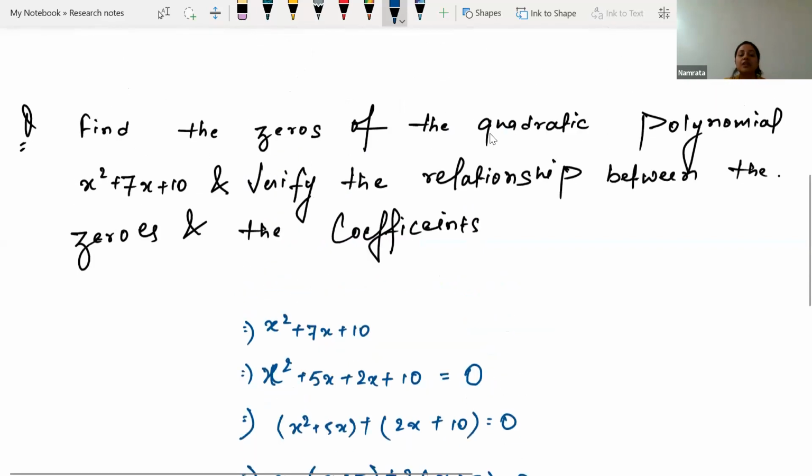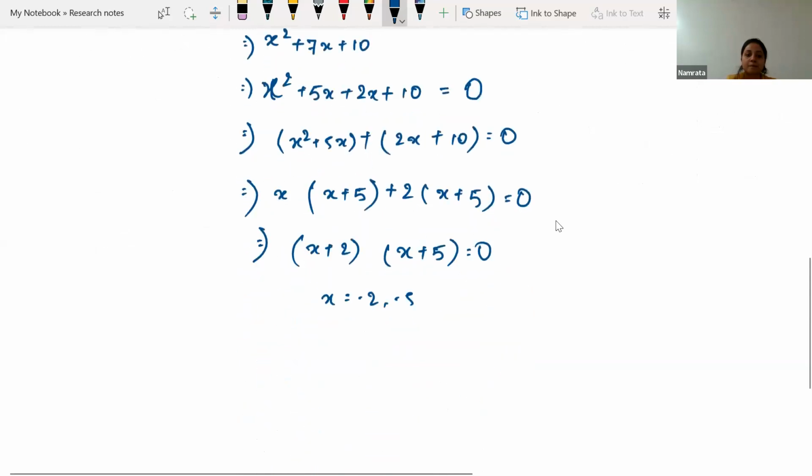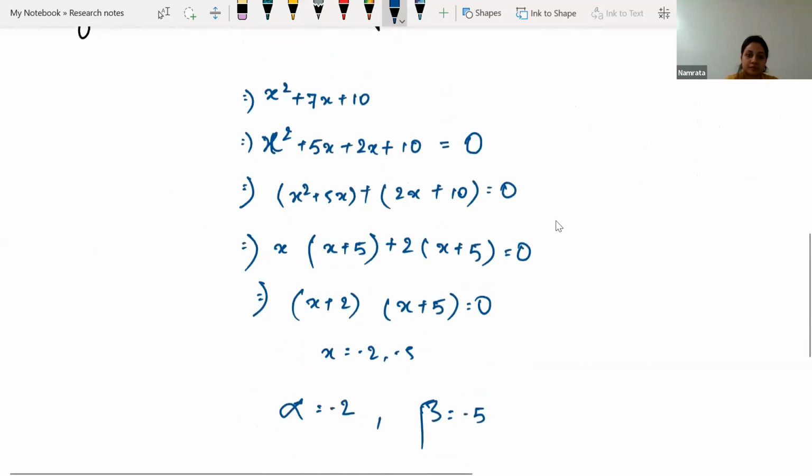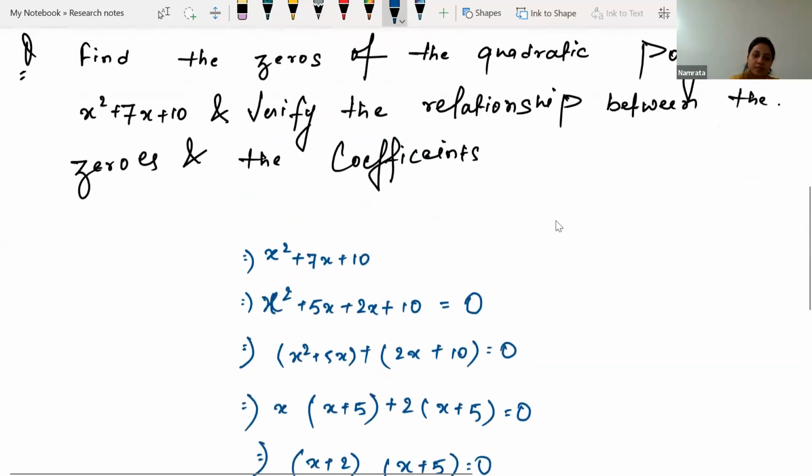What about verifying the relation between zeros and the coefficients? We'll take minus 2 as alpha and minus 5 as beta. In this polynomial, a is 1, b is 7, c is 10.